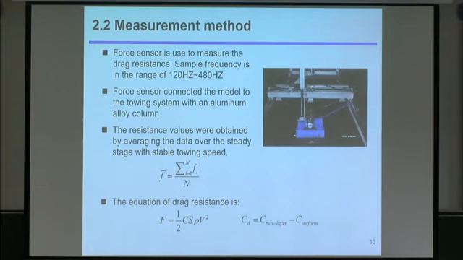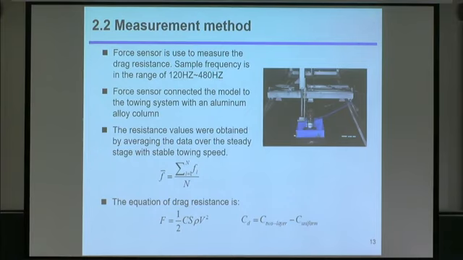Here C is the resistance coefficient, S is the structure's wet surface, and V is the towing speed. Because we want to maintain the form of this function, in the two-layer fluid, we can get the two-layer drag resistance coefficient. In the uniform fluid, we can get the uniform resistance coefficient. Then subtracting this from the two-layer result, we can get the dead water resistance coefficient.